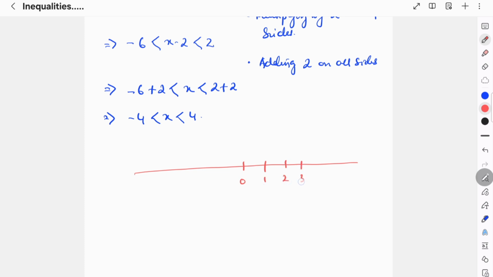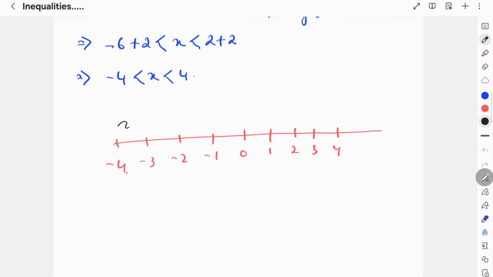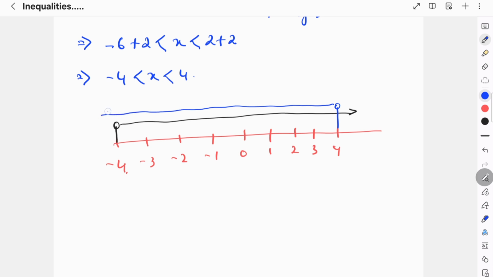So now let's plot this on a number line. Here x is greater than negative 4. So we have to take all the values which are greater than negative 4.